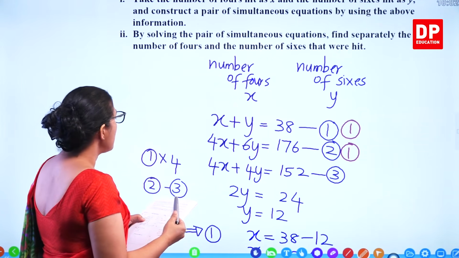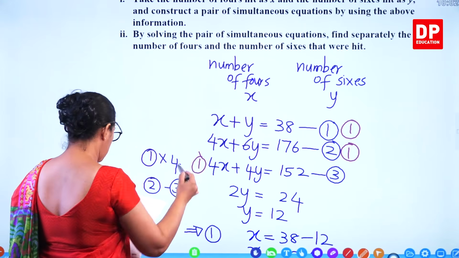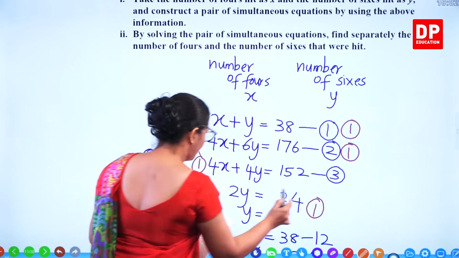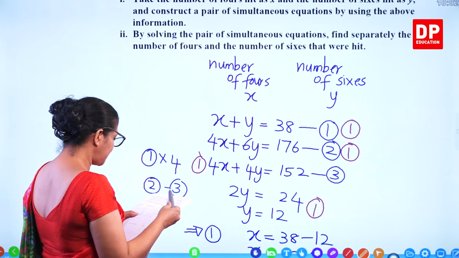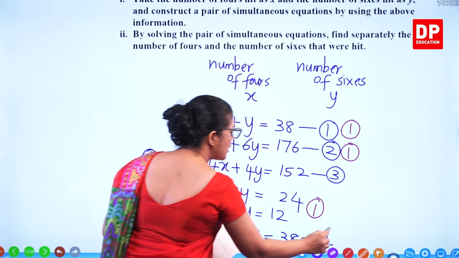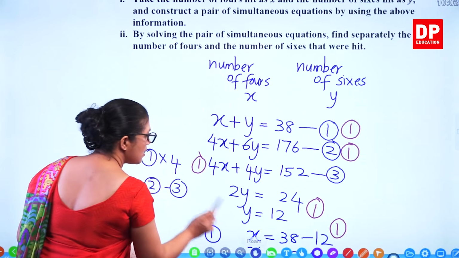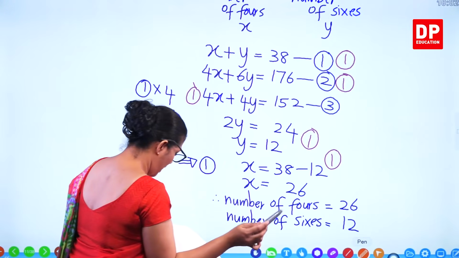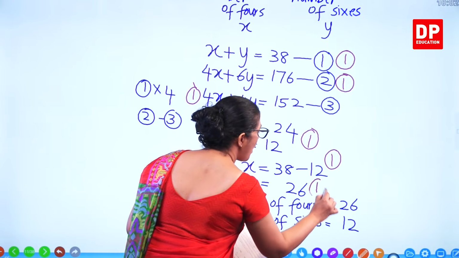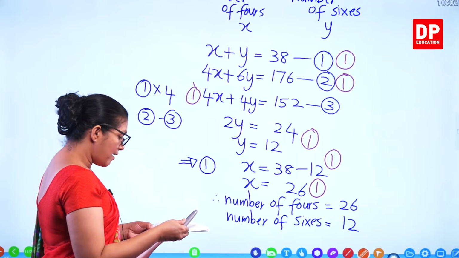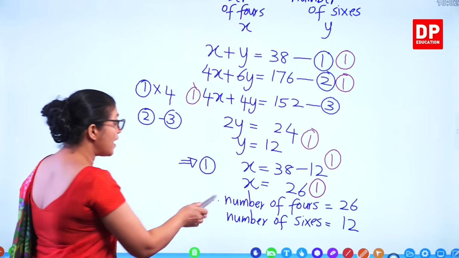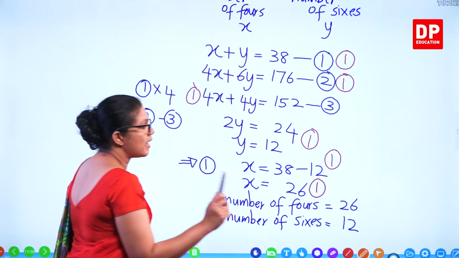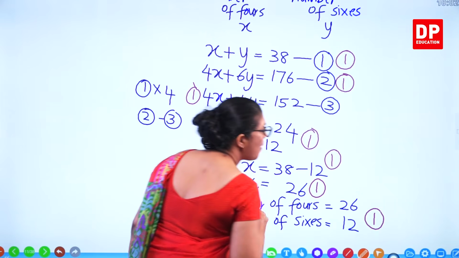Then making the coefficients equal and finding the y value, another 1 mark. Substituting into the equation and finding the x value, another 1 mark. And when you finally write down what is x and what is y, you get another 1 mark.